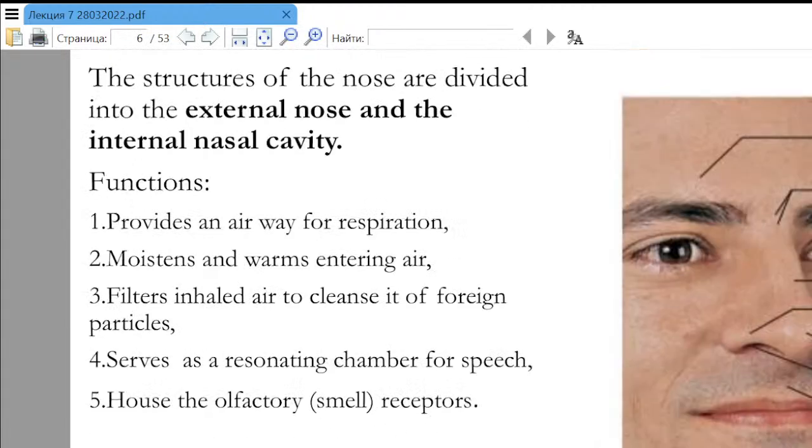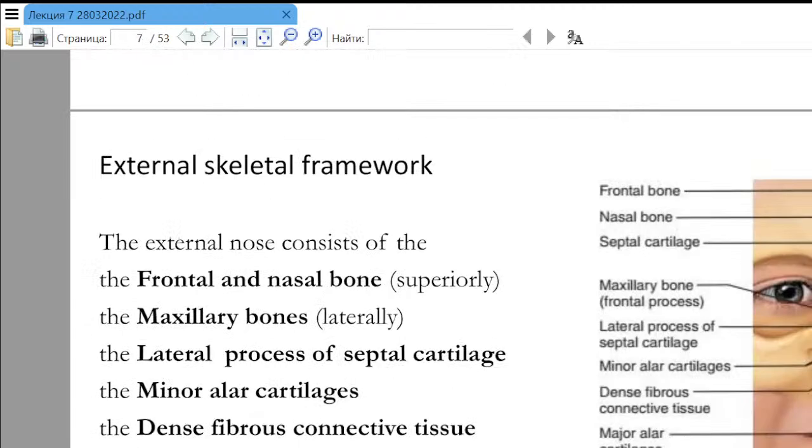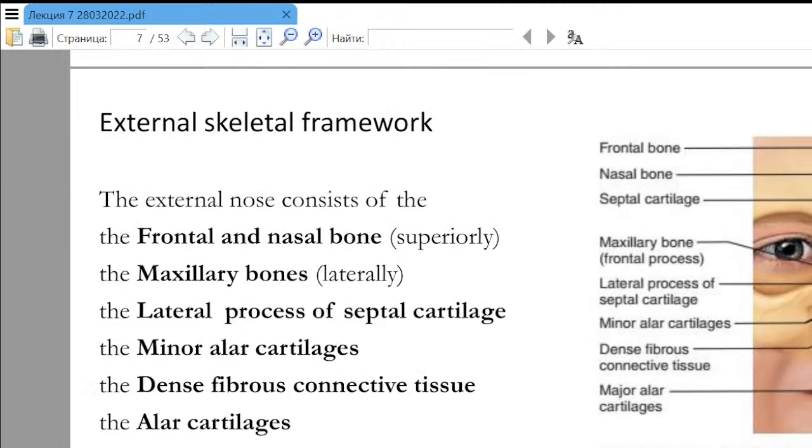This is the part you see: dorsum nasi, ala of nose, apex of nose, nostril, philtrum, root and bridge of nose. External skeletal framework.